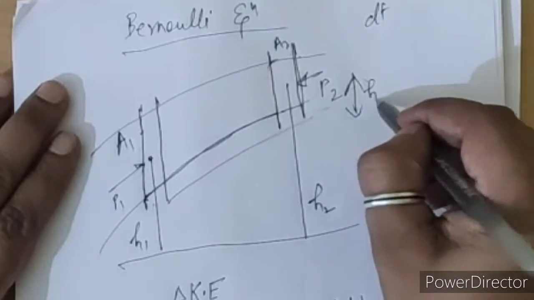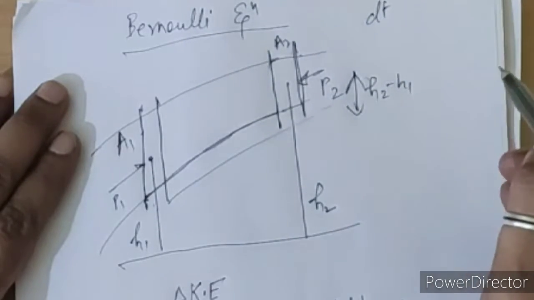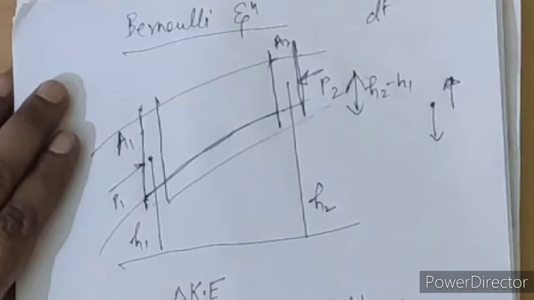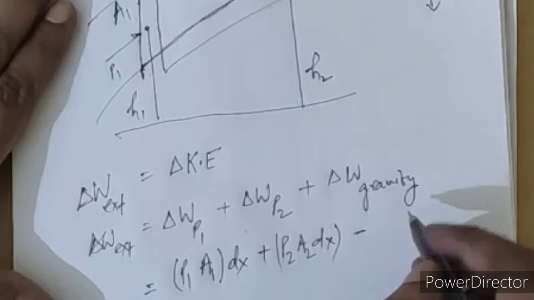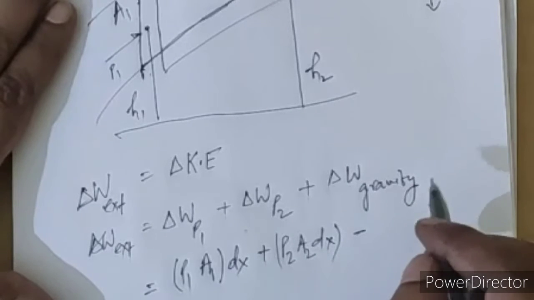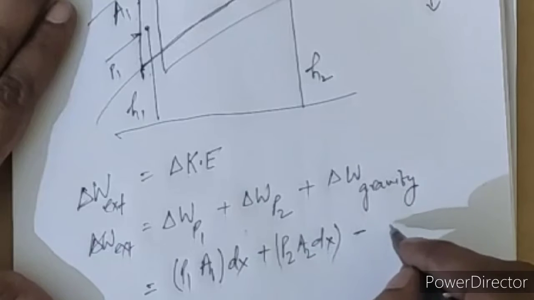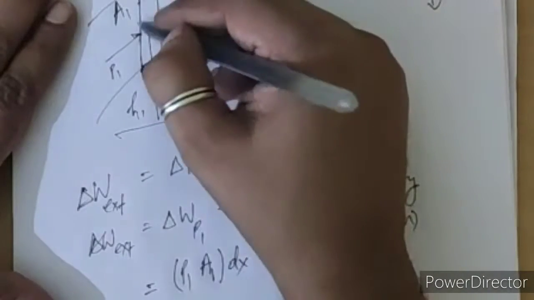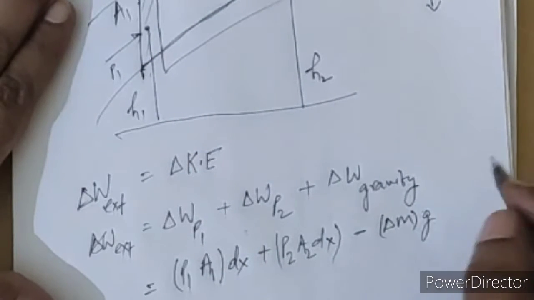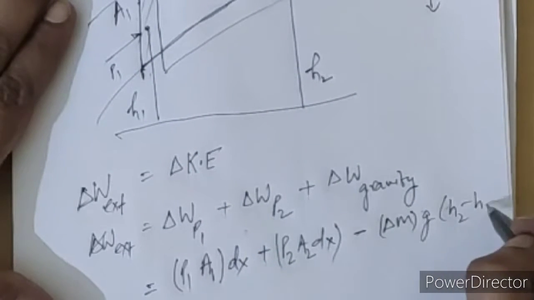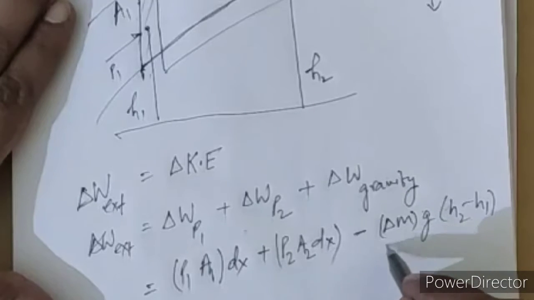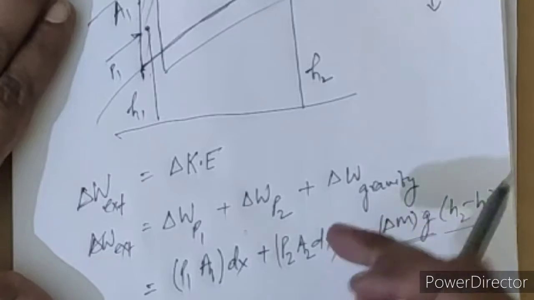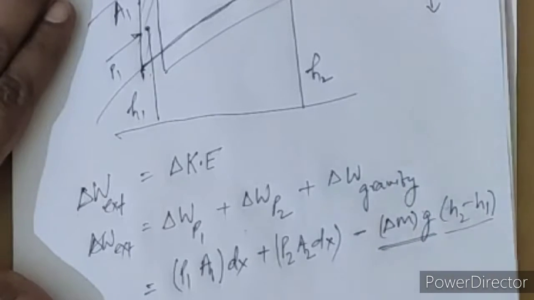Basically this is the net movement, but the gravity is in downward direction, motion is in upward direction, so work done will be negative. So basically work done is given by force, which is mg, delta m of this times g and times the distance it has moved. So this is force times the distance, that is work done, and this is negative because the force is in negative direction.